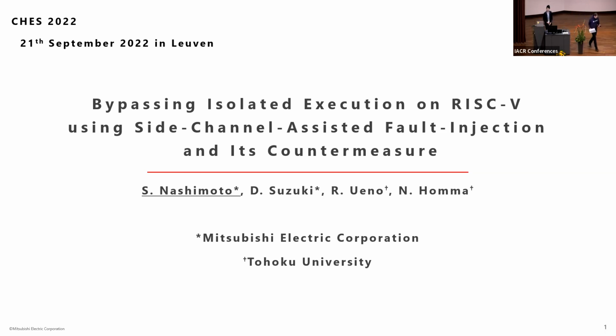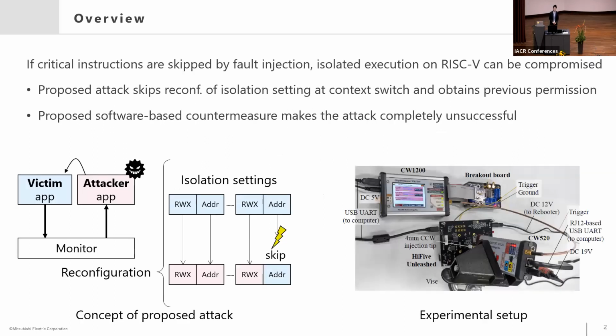Thank you for the introduction. I'm Shu Nashimoto from Mitsubishi Electric, Japan. Today, I'm going to talk about fault attacks on isolated execution on RISC-V and its countermeasure. In the beginning, I'd like to show you the overview of my presentation. What I want to say is, if critical instructions are skipped by fault injection, isolated execution on RISC-V can be compromised.